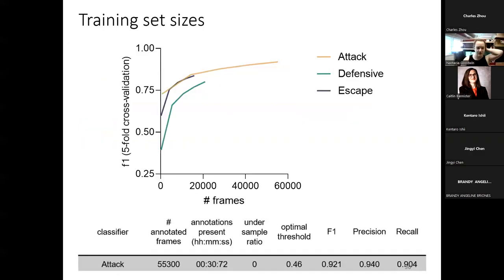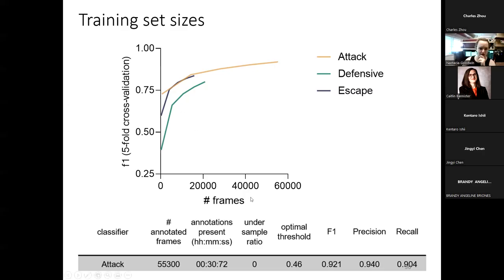So I get a lot of questions about training set sizes and how much annotation you'll actually have to do. For my attack classifier, this is the F1 from five-fold cross validation, a standard machine learning performance metric. The higher the F1, the better your classifier is at detecting true positives and rejecting false positives.